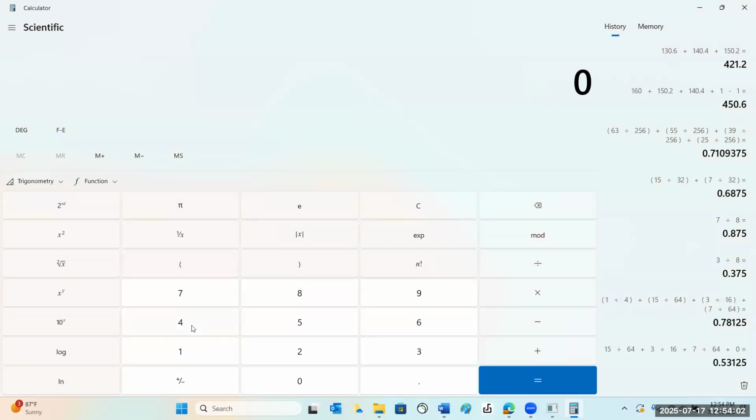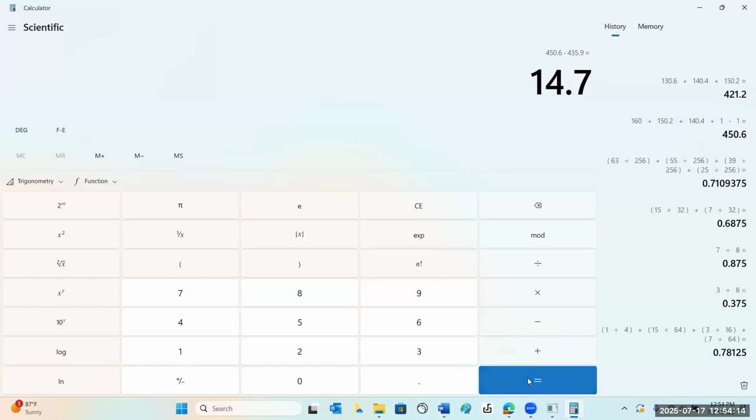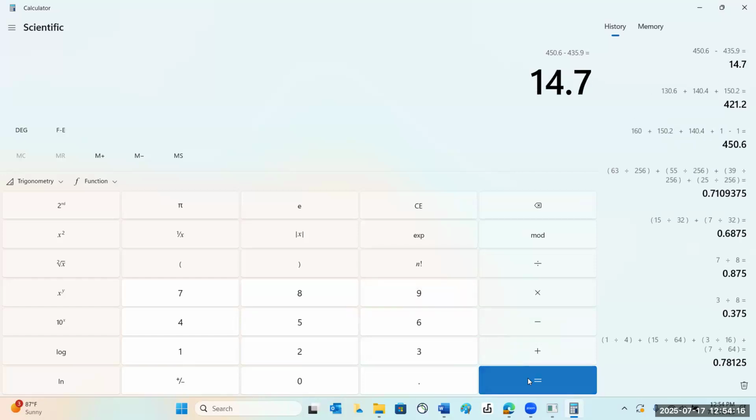We have 450.6 minus 435.9. That's 14.7, as opposed to 435.9 minus 421.2.